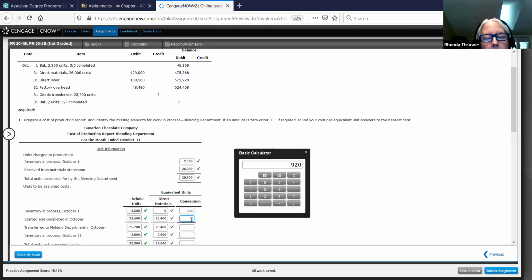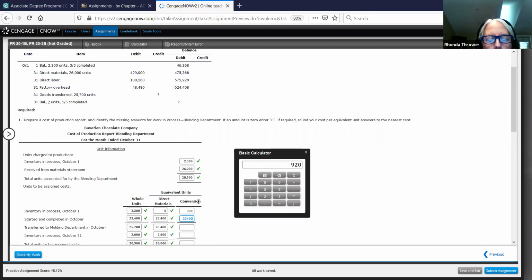Now, to find the equivalent units conversion of the units that we have started and finished, if we started these units and we finished these units during this period of time, they all are finished with respect to conversion. So all 23,400 units have their conversion cost assigned to it.